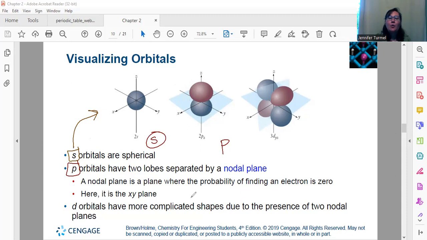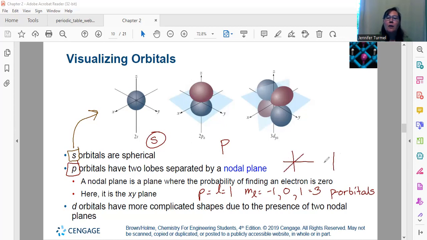Remember that p orbitals are when L is equal to 1, and that means that m sub L is equal to -1, 0, and 1. So that means that we have 3 p orbitals available, and these reference their different orientations in space.